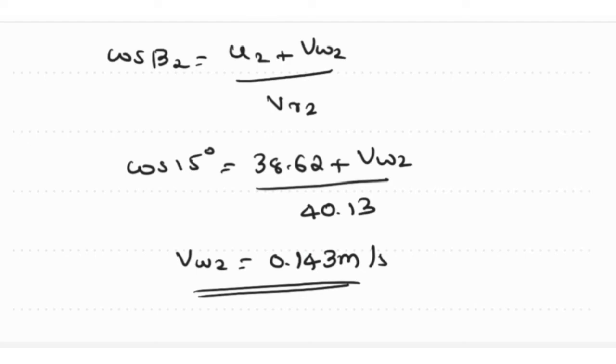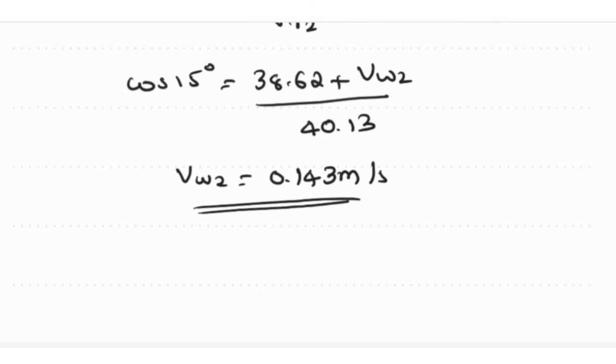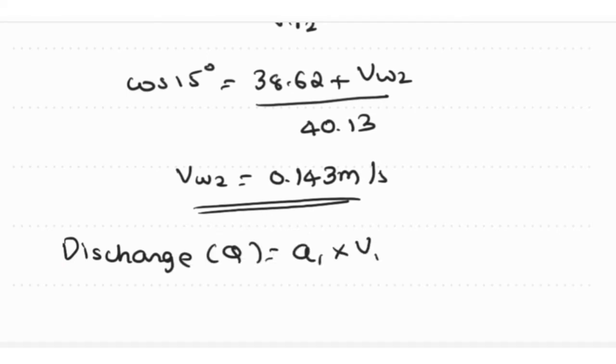Knowing this, we can calculate the work done. But before going to that, let us calculate the first quantity asked in the question, the discharge. Discharge Q is equal to A1 into V1.